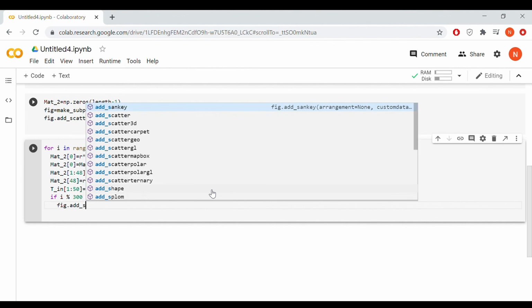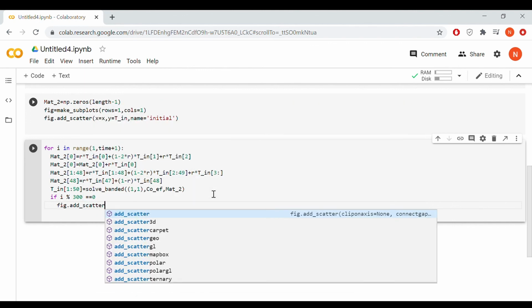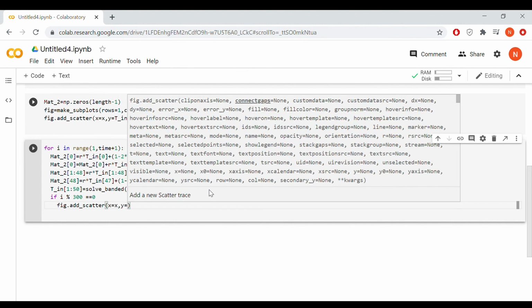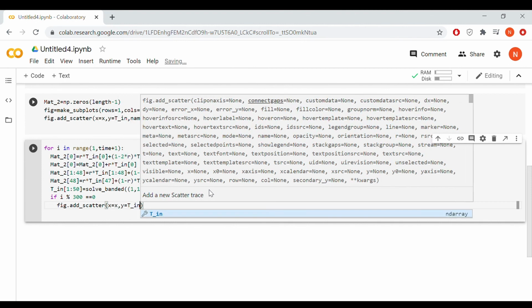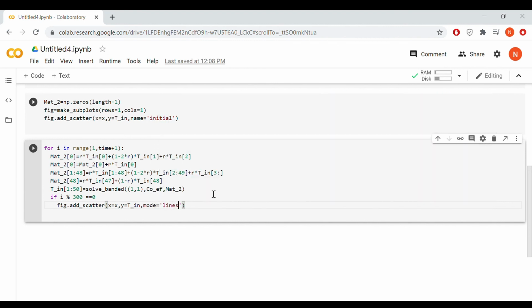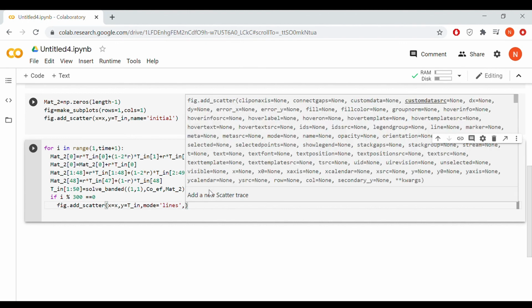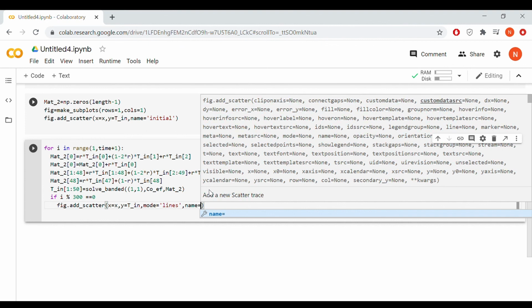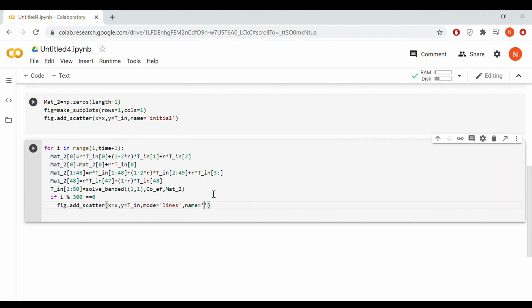So add_scatter, x equals x, y equals t_n. Mode will be lines, and then the name will be just the time.